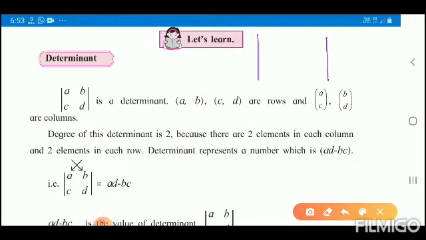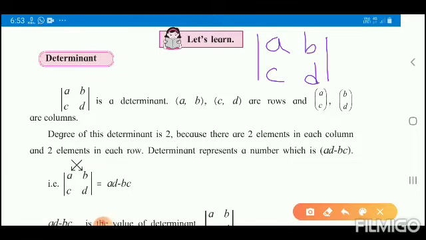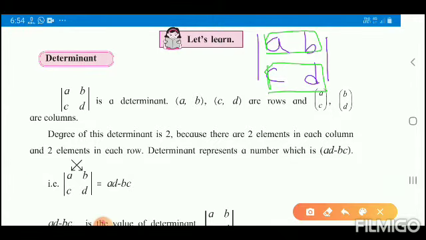Now they have given the values A, B, C and D. A, B means these two values, and C, D, these are rows. Now next two values, A, C and B, D, these are columns.